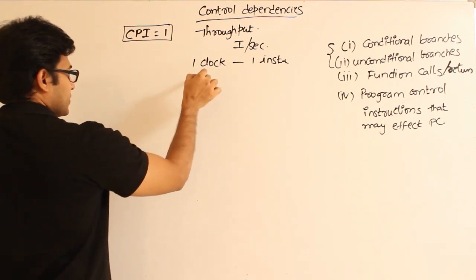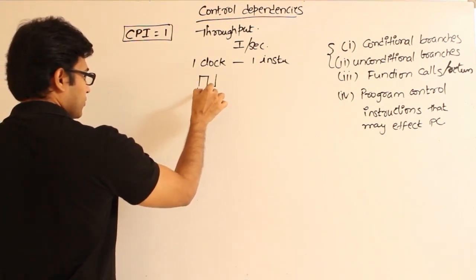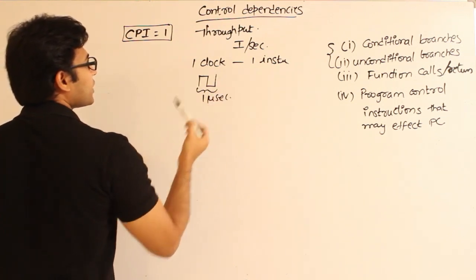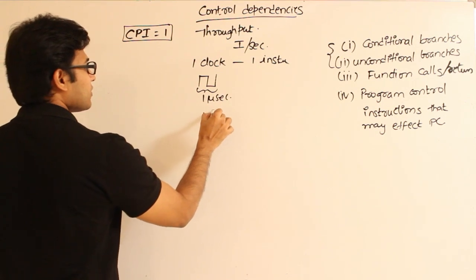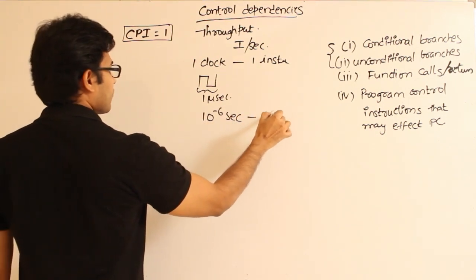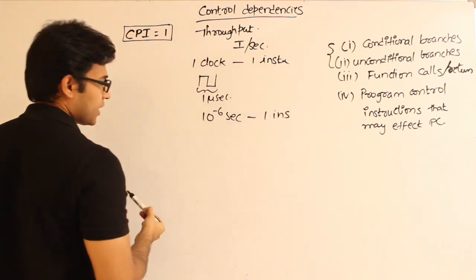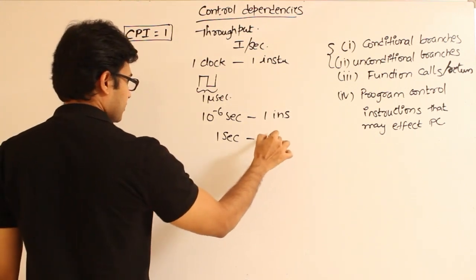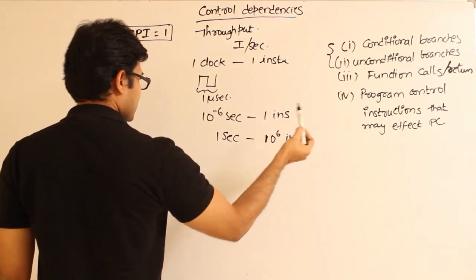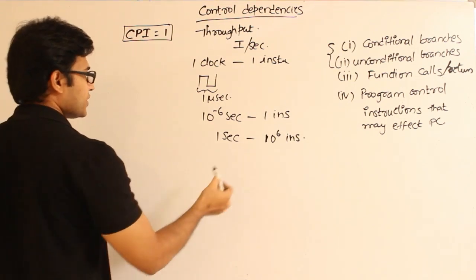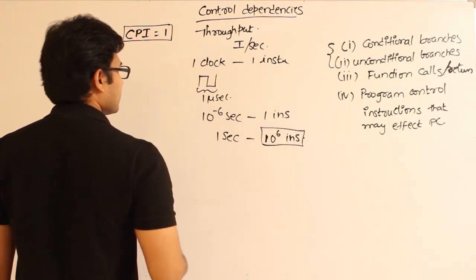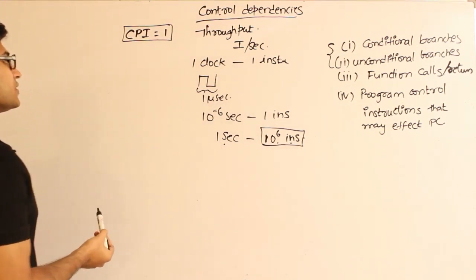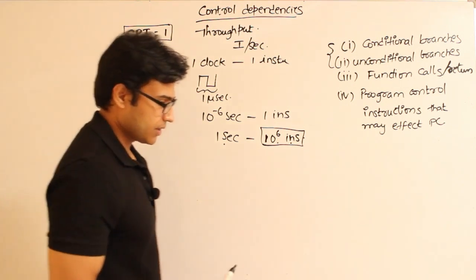Let us say this one clock happens to be, for example, 1 microsecond. What does it mean? In 1 microsecond, one instruction can be executed. Then in 1 second, how many instructions can be executed? 10 power 6 instructions, right? Therefore throughput here is 10 power 6, these many instructions per second. Got it? Okay, now let's come back to this topic.